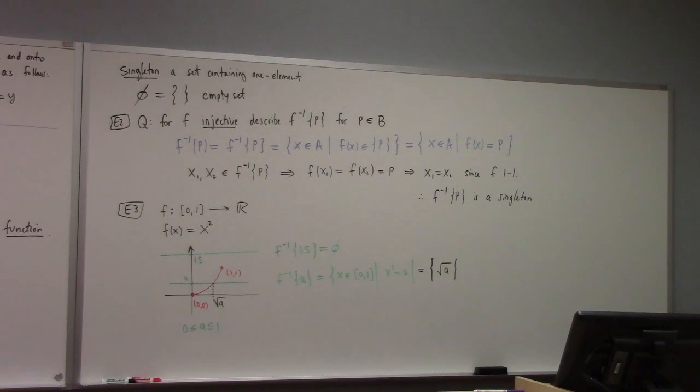Why can we define the inverse like that? Because if it's one-to-one, then the graph of f inverse would be the graph of f but rotated 90 degrees.